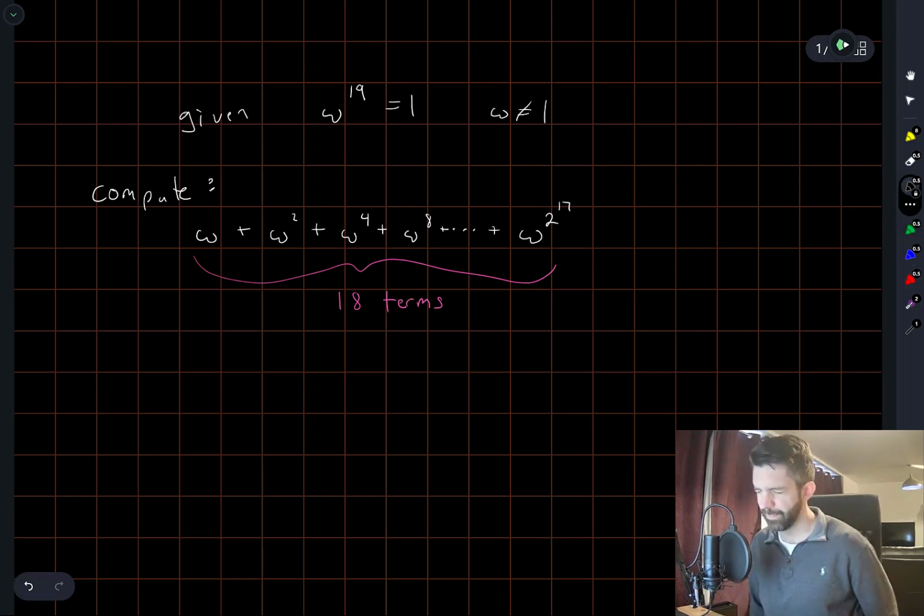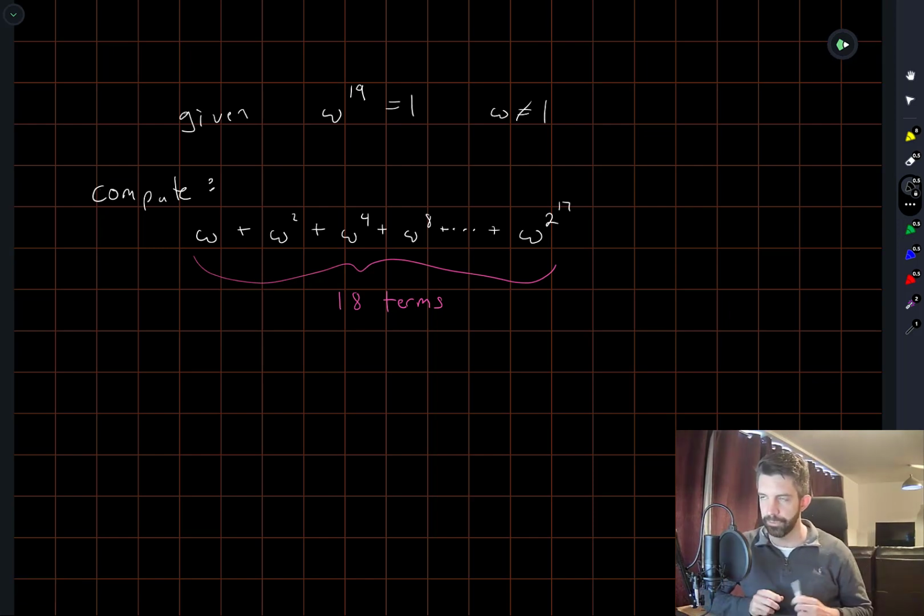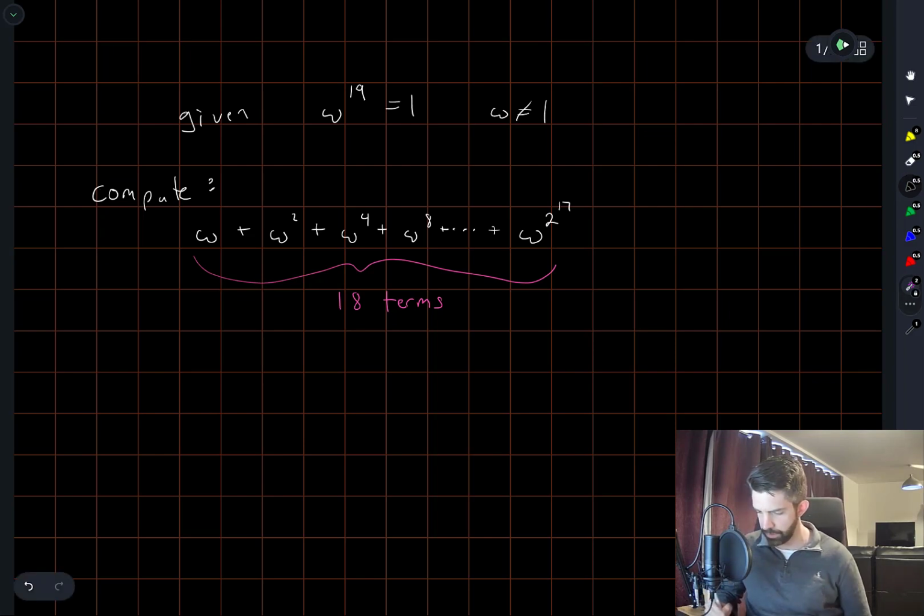And so it's been a long time since I've done algebra, but my first instinct here is that all of these numbers are certainly also going to be 19th roots of unity. They're probably just going to be permutations.